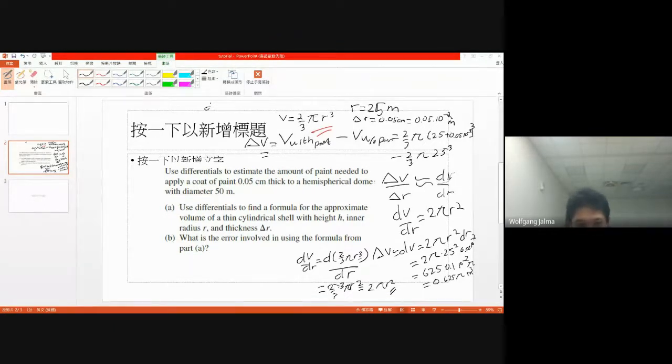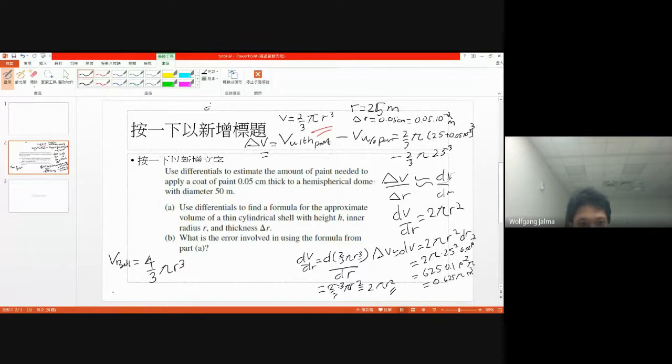So we have the volume of the ball is 4/3 pi r cubed, right?